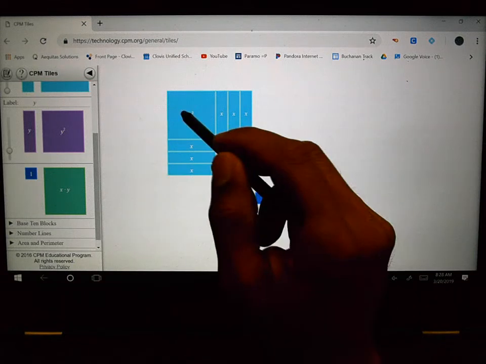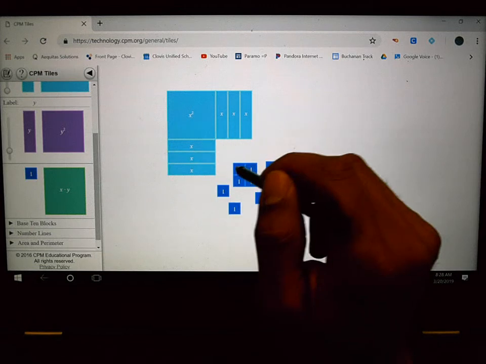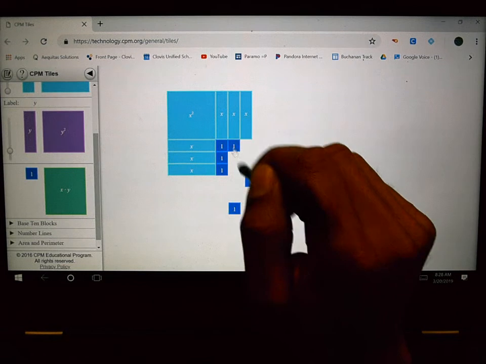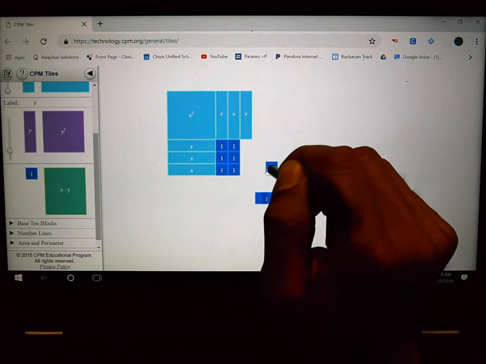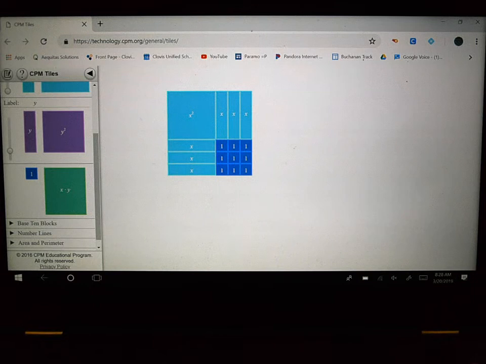And what happens with x squared, 3x and 3x is 6x. What do you notice about this particular thing? It's very satisfying because it became a perfect square.